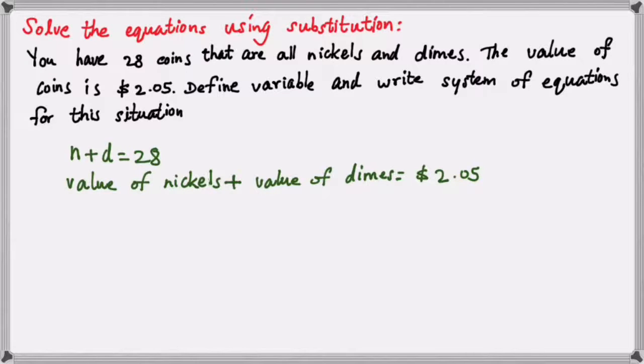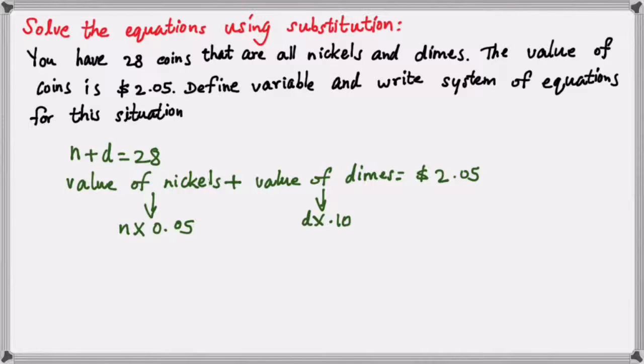Now, what is the value of nickels? The value of nickels is the number of nickels times 0.05, correct? What is the value of dimes? The value of dimes is the number of dimes times 0.10, correct?